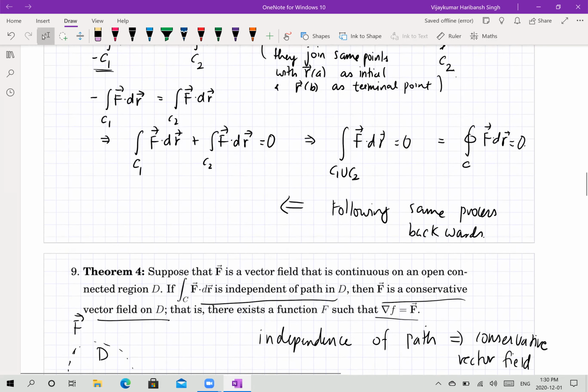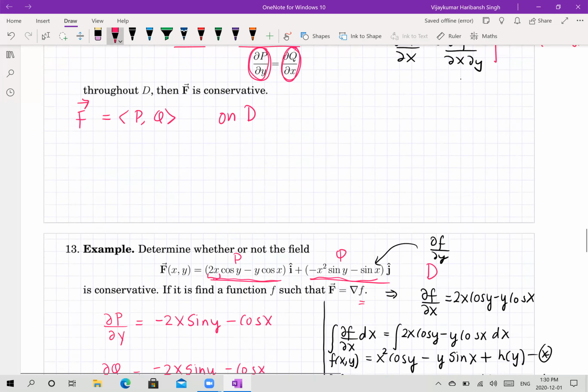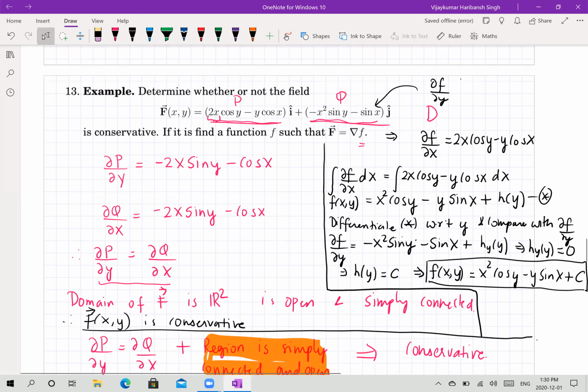But here we do have ∂P/∂y equals ∂Q/∂x throughout the domain D. But still F was not conservative because the integrals along those two different paths were not the same. And the reason for the failure was this region is not simply connected.